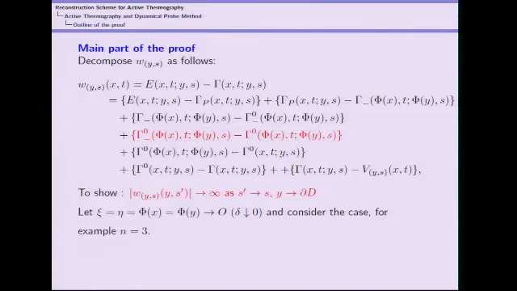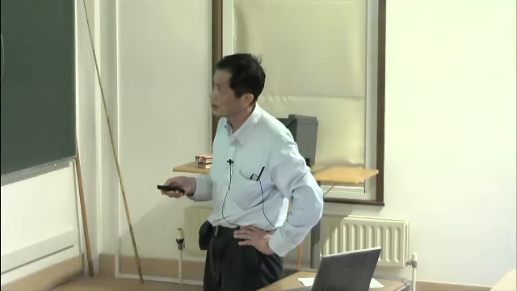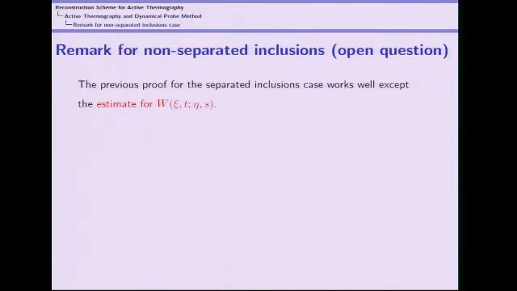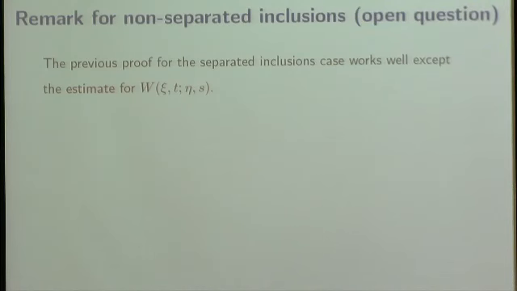We cannot give a good estimate for W for the non-separated inclusion case. All of the rest of the argument can work even for the non-separated inclusion case.